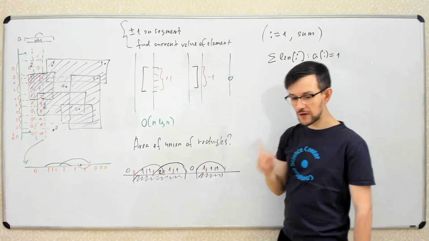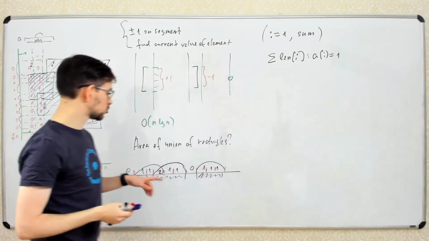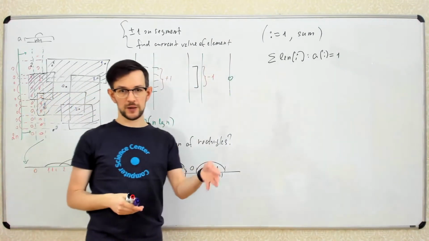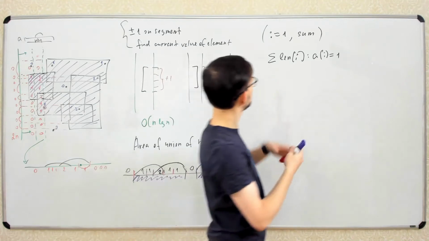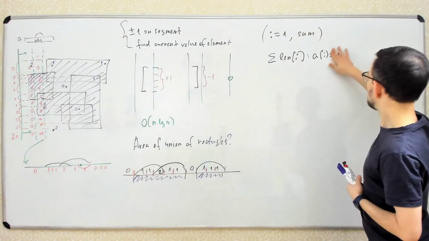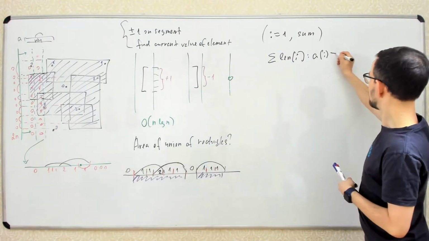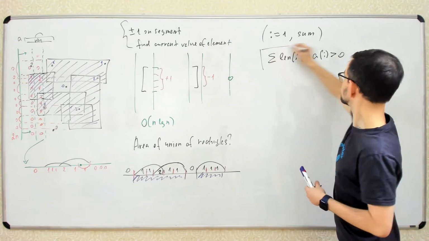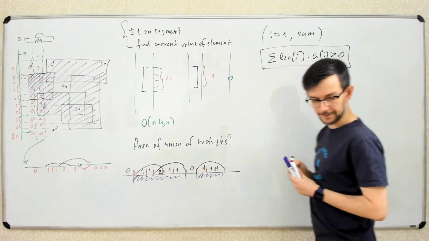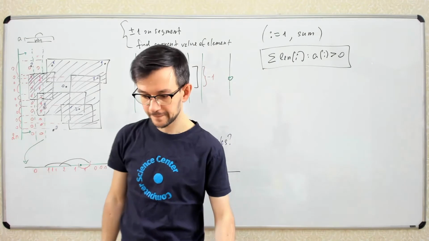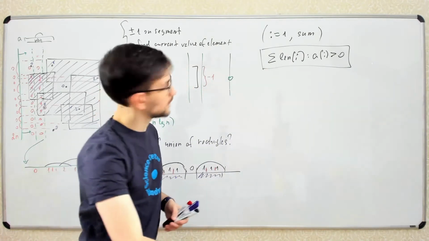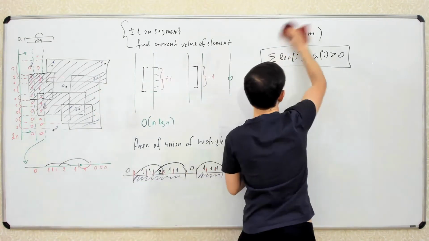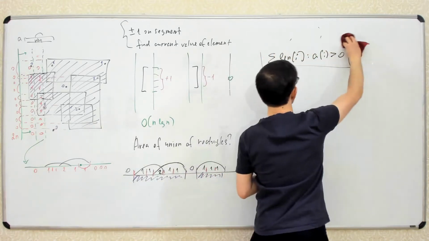But now we need to find a way to calculate the total length of all non-zero elements. So we need to find when all elements are non-zero, so greater than 0. That's what we need to find. So we need to have a segment tree with 2 operations.